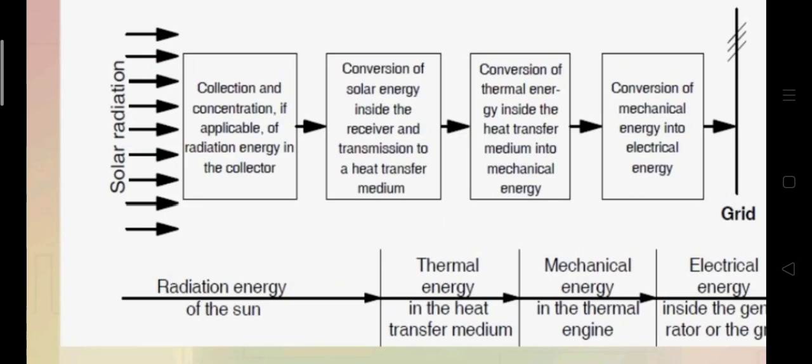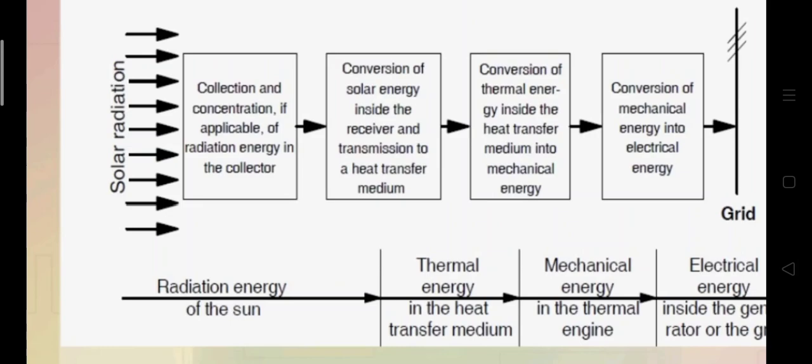Second stage, conversion of solar energy inside the receiver and transmission to the heat transfer medium. Third, conversion of thermal energy inside the heat transfer medium into mechanical energy. And fourth stage, conversion of mechanical energy into electrical energy. This electrical energy is connected to the grid.